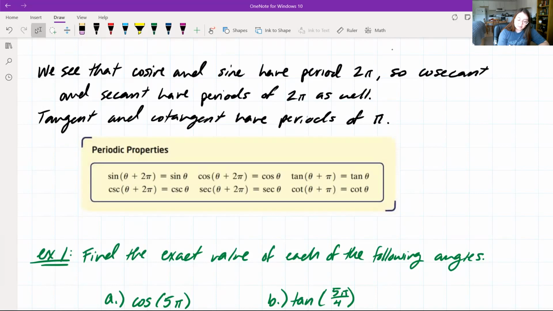So for our periodic properties, if we add 2 pi to theta for sine, cosine, cosecant, secant, we end up with the same original values. Then tangent of theta plus pi is equal to tangent of theta, and cotangent of theta plus pi is equal to cotangent of theta.